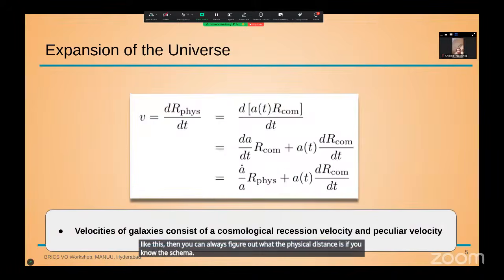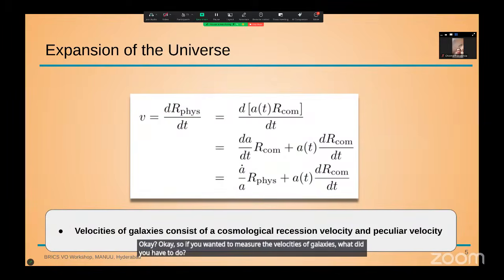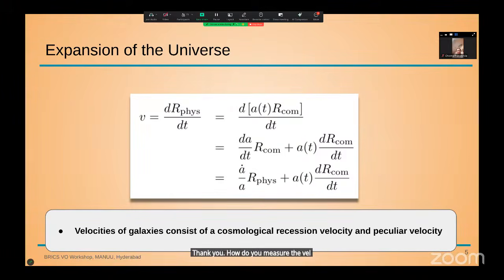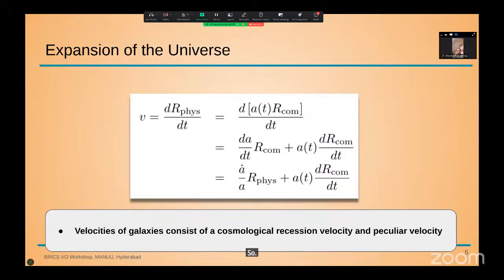Okay? So now if you wanted to measure the velocities of galaxies, what will you have to do? The velocity of a galaxy is the rate of change of the physical distance. So you take the physical distance and the derivative of it. The physical distance becomes the scale factor times the moving distance.